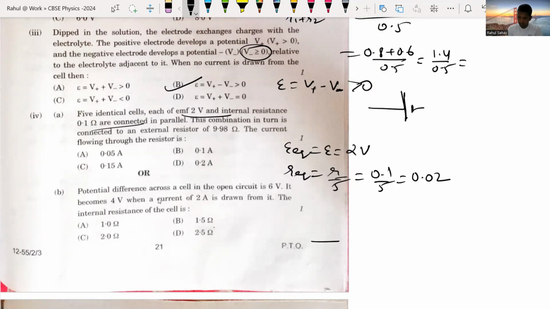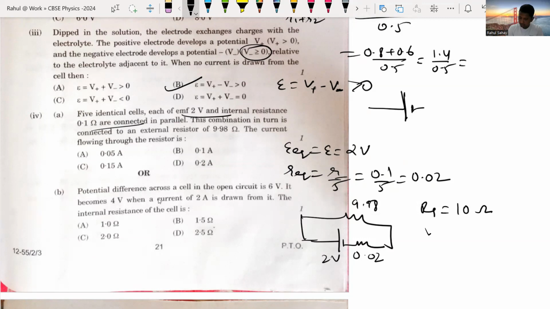So now we have the circuit like this, with 9.98 and 0.02, and 2 volts. So R equivalent is what? Total 10 ohm. V is 2 volts, so I is equal to V by R, that is 0.2.